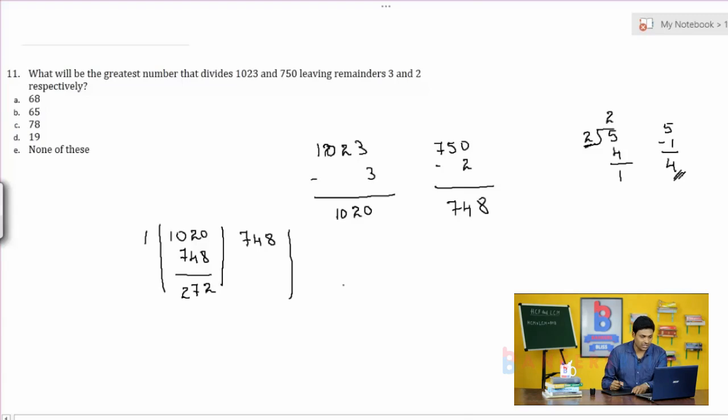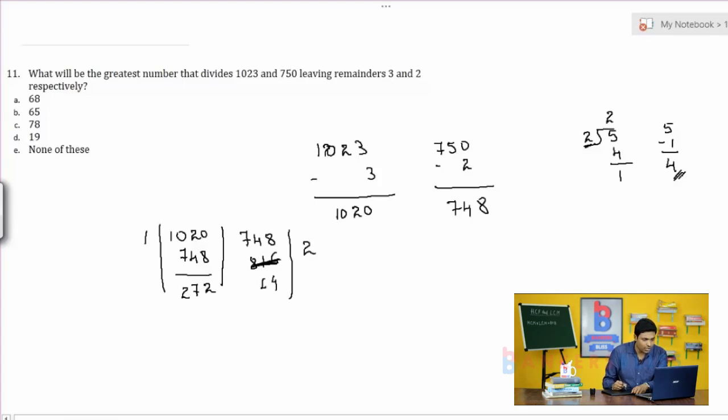So, 3 times, let us check. 3 2s are 6, 7 3s are 21, 2 carry over, 3 2s are 6, 7 and 8. It is 816. So, 3 times it will be much more than 748. So, consider 2 times. So, 2 times means 2 2s are 4, 2 2s are 4.